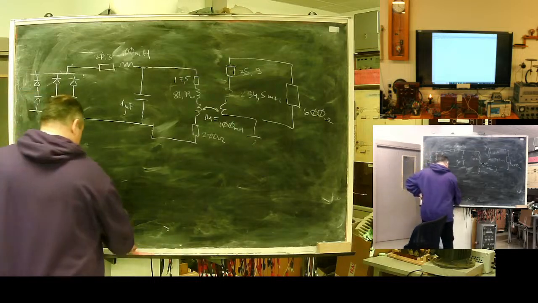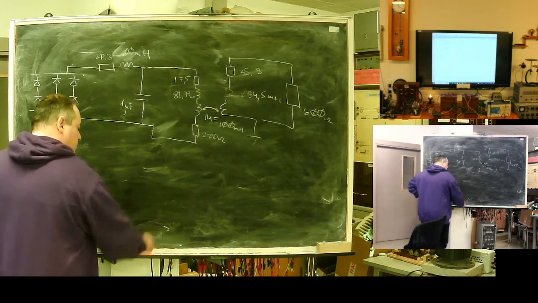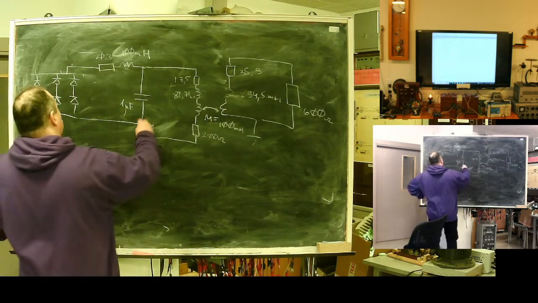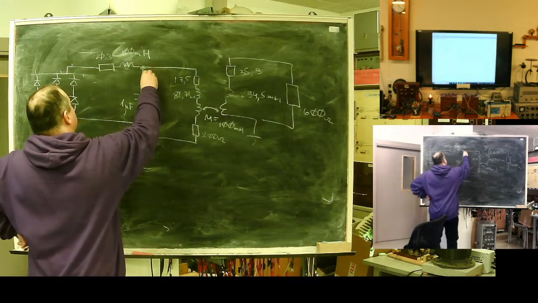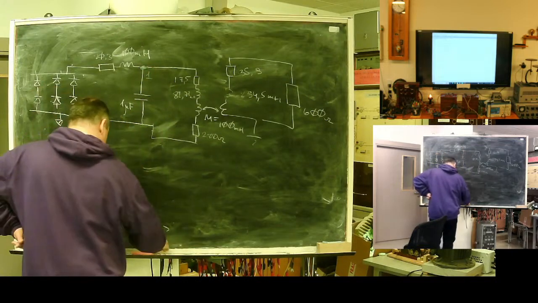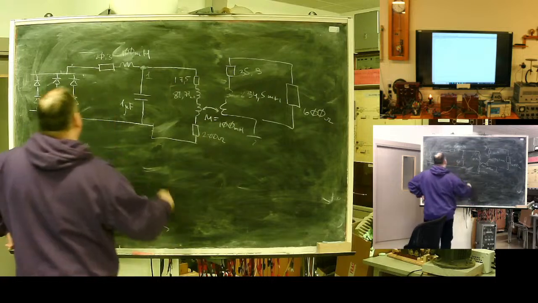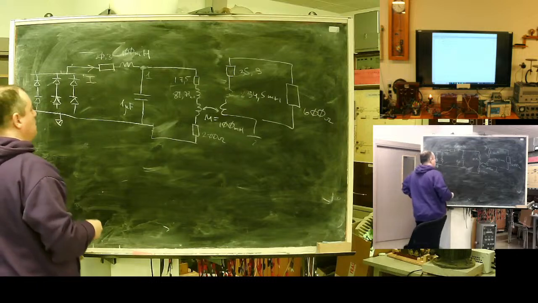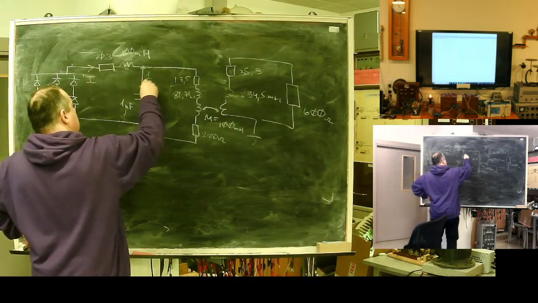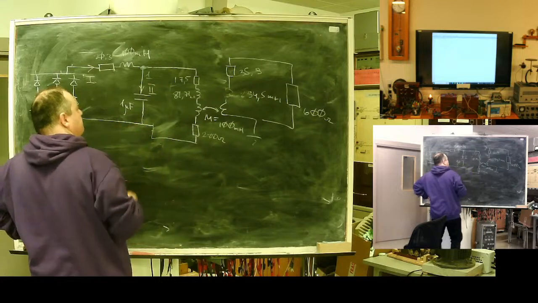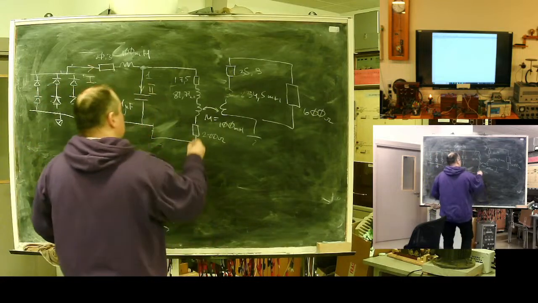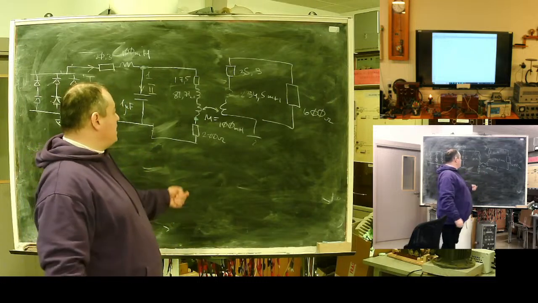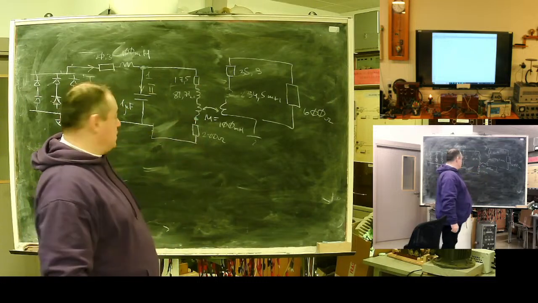What should I do now? I need to mark nodes and branches. Let's say this will be node 1 and the whole rectifier will be branch 1. Capacitor, let's say it's branch 2. Here this resistance is needed. I can connect a scope here to see voltage.